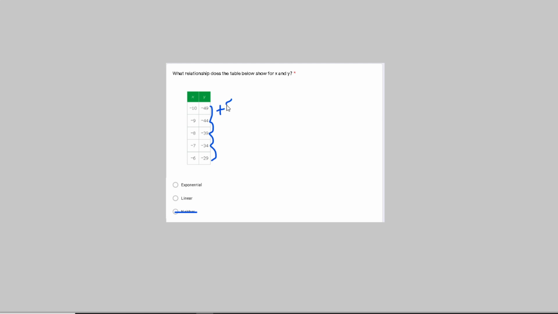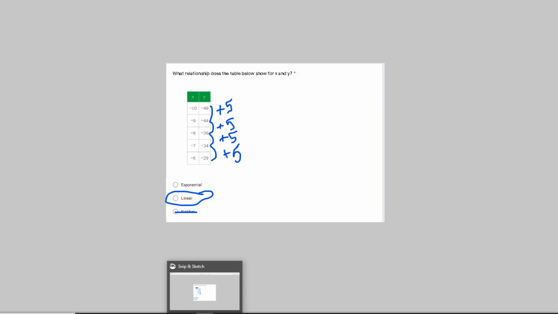Remember how we started off talking about linear functions. These always increase by the same amount or decrease by the same amount each time. Exponentials, you'll see the same thing, but you're going to multiply by the same number each time. When you add or subtract by the same number each time in the table, then that's linear. So that means that you have a constant slope, constant change.